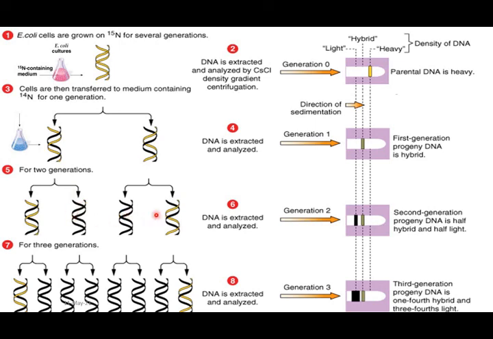So similarly here, in the second generation we got 50% with intermediate density and 50% with lighter density. And in the third generation, when this DNA replicated, 25% of the DNA was intermediate and 75% of the DNA was lighter. So these results clearly indicate that the replication of DNA is semi-conservative.